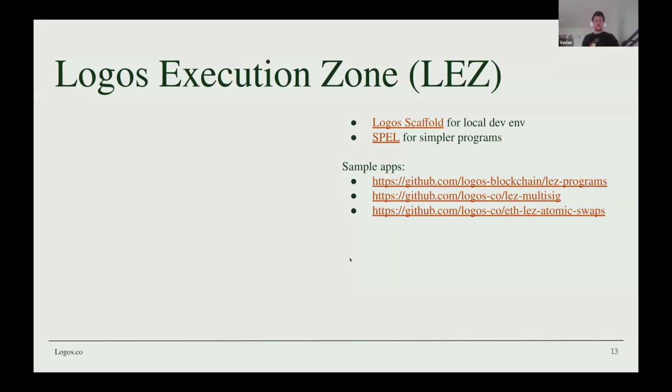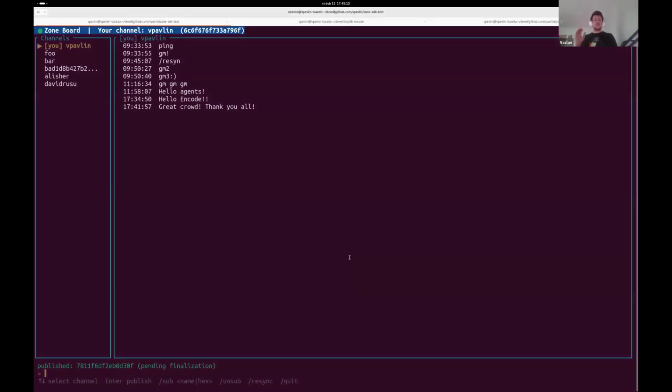Okay. So here I have a few more links for Logos execution zone. If you want to start building something on Logos blockchain, you have basically two paths right now. One is you start building something like what I did here with the zones.